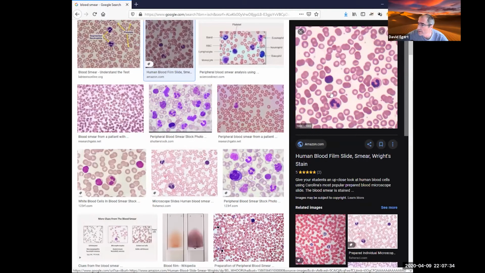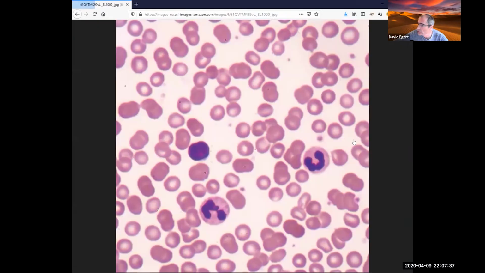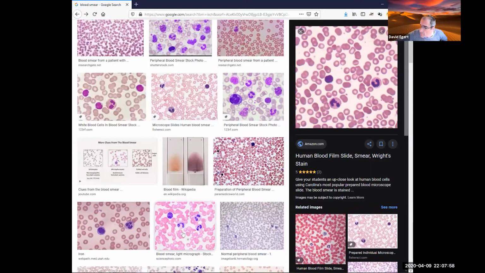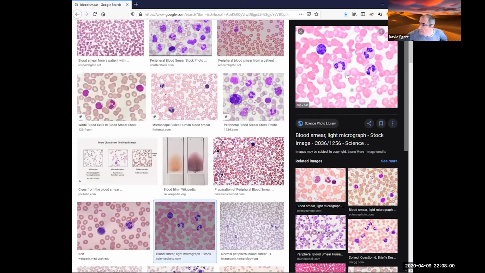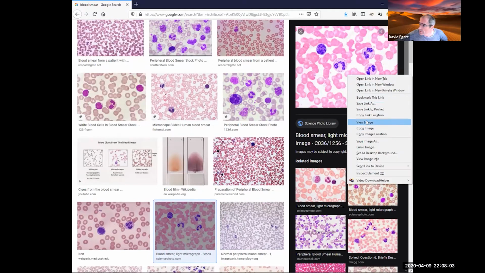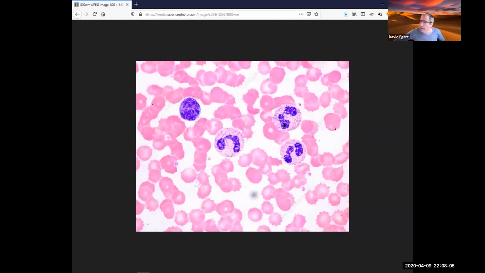Yeah, this is a classic blood smear here. You should be able to look at this and say, oh, here we've got a neutrophil with this weird looking nucleus. Here's a lymphocyte with the nucleus that totally is filling the inside. Here's another one. Again, beautiful looking neutrophils. And that looks like a basophil.